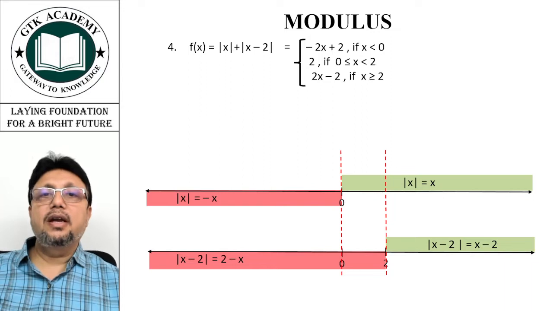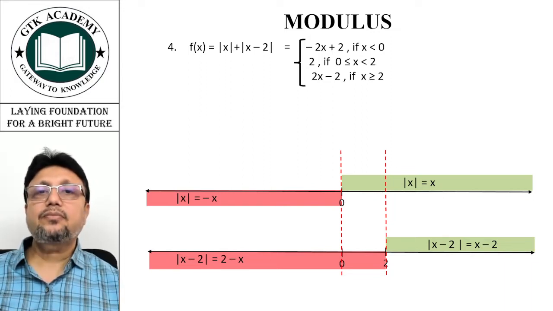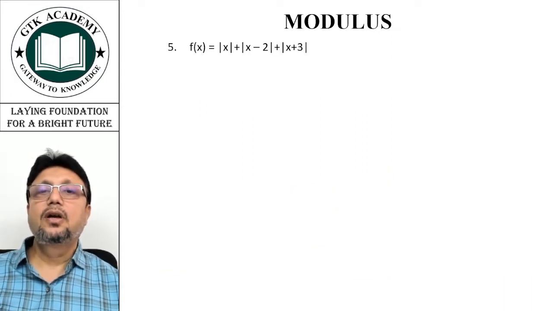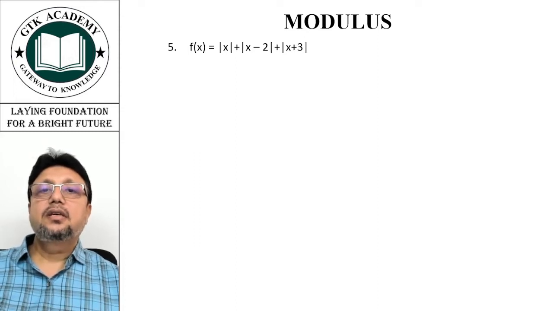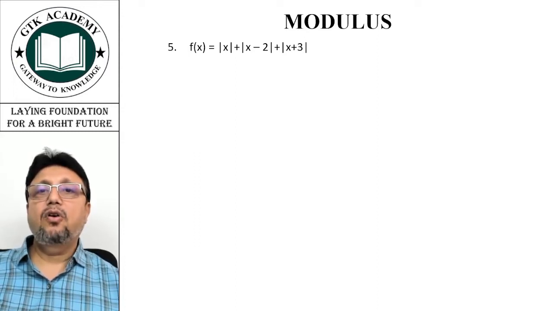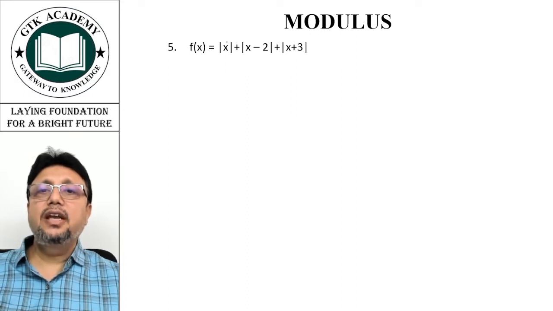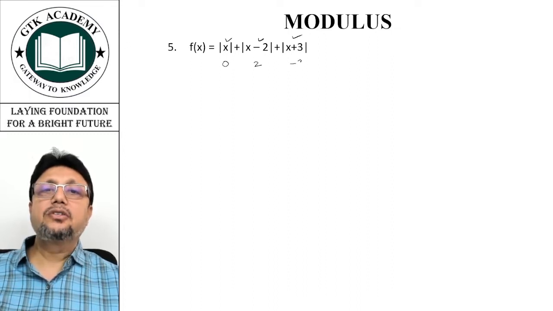So let us take one more example involving three mods. Now this is a function where we have involved three mods. So let us divide it into areas where the function will change. Now since there are three mods, 1, 2 and 3, |x| will change at 0, |x − 2| will change at 2, and |x + 3| will change at −3.